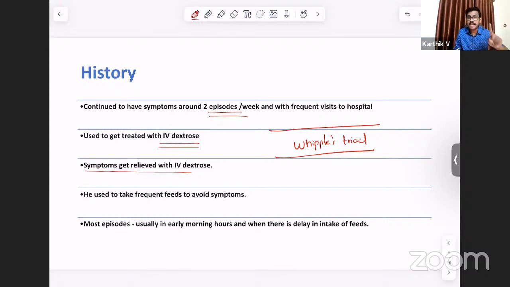This is extremely important. Why? Because many a time you will get referrals or the patients may tell you that, sir, I've been experiencing fatigue and palpitations for so long, and I went to the casualty or emergency room one time, and when they checked the blood glucose, it was 60 milligrams per deciliter. So you may think that this patient is suffering from a hypoglycemic disorder, but you will have to identify the fallacy around that fact, because most often in emergency rooms the blood glucose is measured with the help of glucometers.